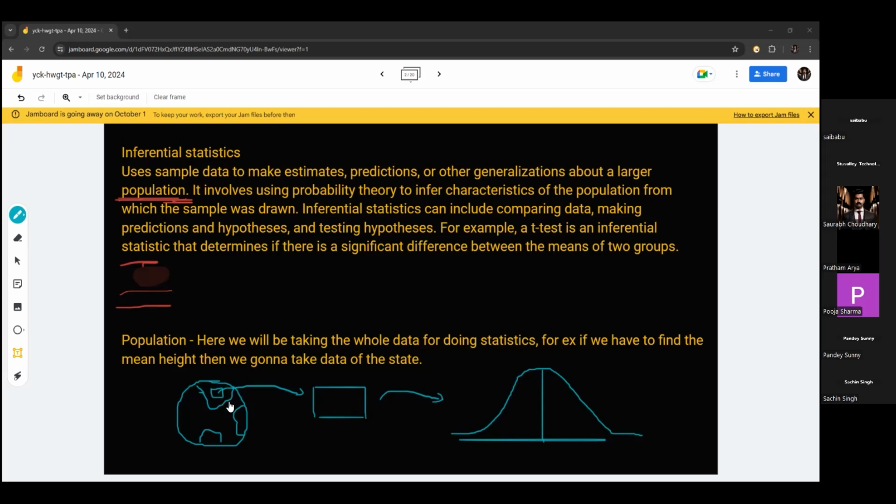So that's why we take only a small portion of sample from one of the states.